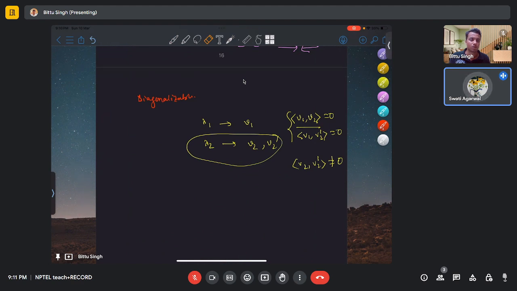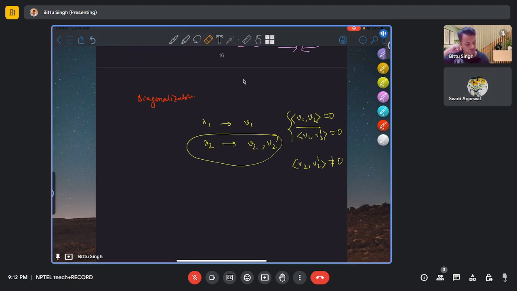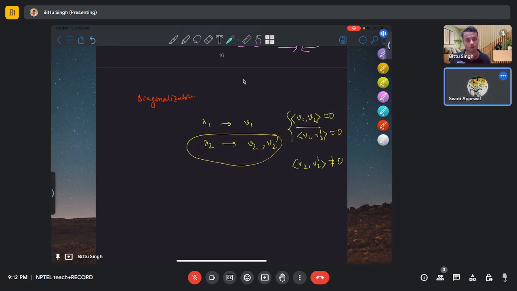I think he has made some mistake in the previous step. He's trying to say that though this is zero, inside this lambda 2 eigenspace the vectors may not be orthogonal. I'm confident now.